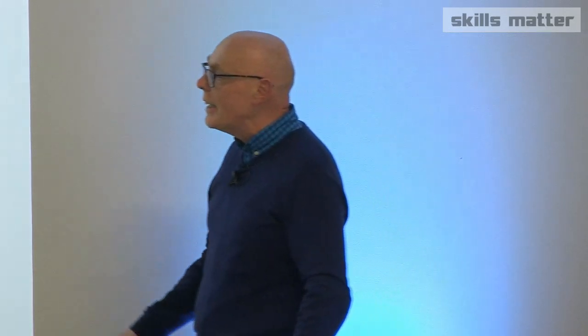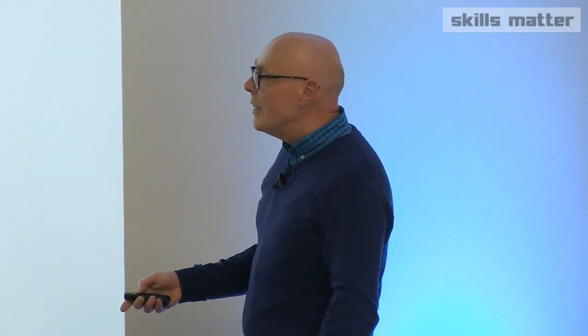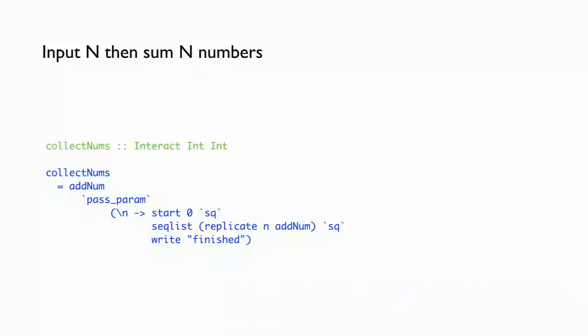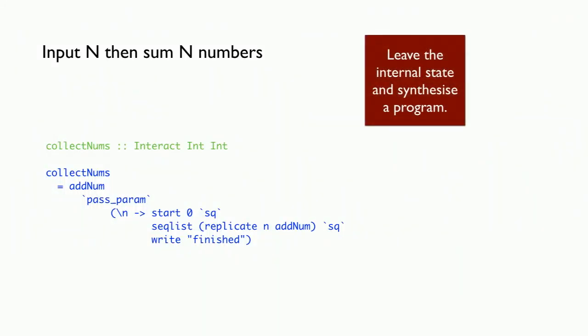What else can you do? Alternatively, you can use this sort of more synthetic approach and say, what we want to do is get a number, and then with that number, build ourselves a program. So this is highly reflective.